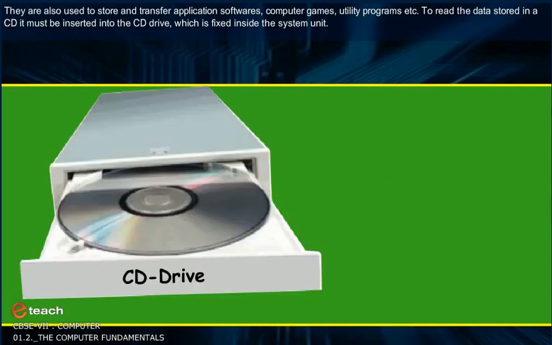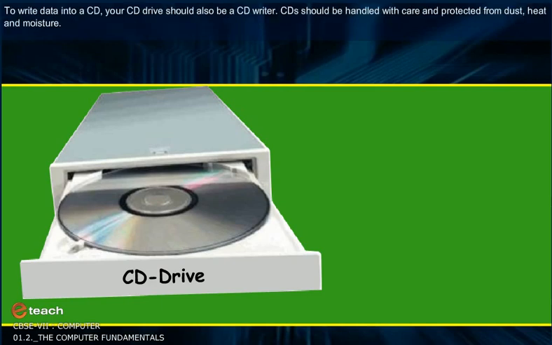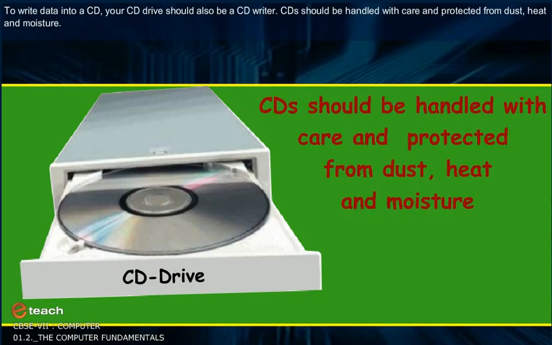To read the data stored in a CD, it must be inserted into the CD drive, which is fixed inside the system unit. To write data into a CD, your CD drive should also be a CD writer. CDs should be handled with care and protected from dust, heat, and moisture.